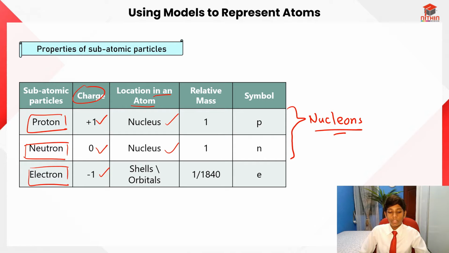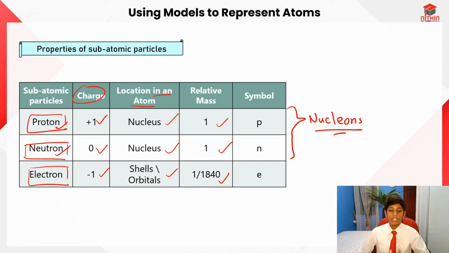Next, electrons are found in shells or orbitals. The proton's relative mass is 1, the neutron's relative mass is 1 as well, and the electron's relative mass is 1 out of 1840. So when we are looking at the mass of an atom, we only take into consideration protons and neutrons.